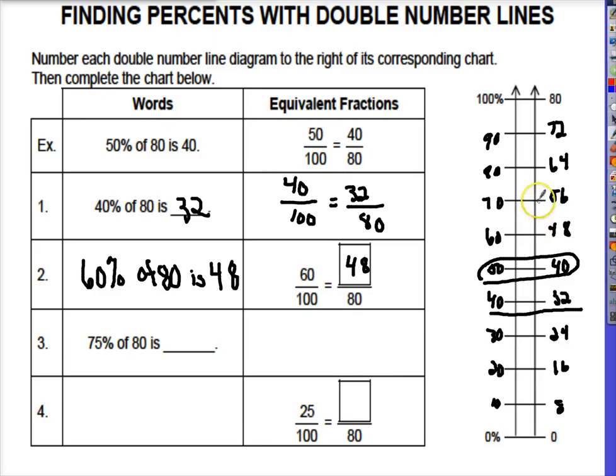If this is 70, 75 is going to be here, halfway between 70 and 80. Well, I'm going to need something that's going to be halfway between 56 and 64. And that something is 60. So 75% of 80 is 60.